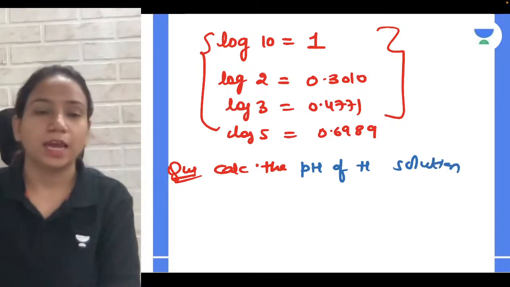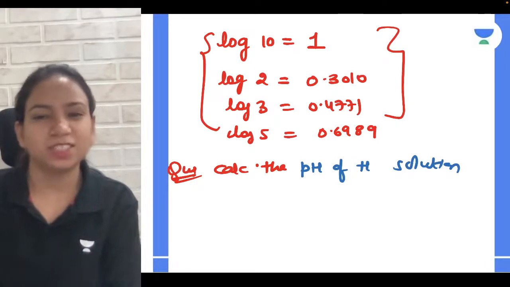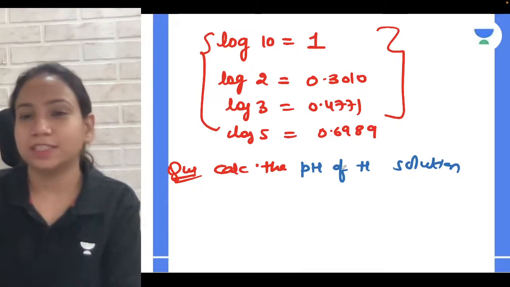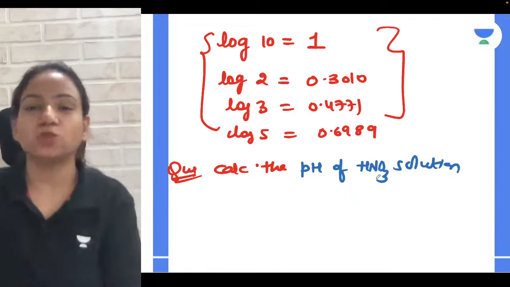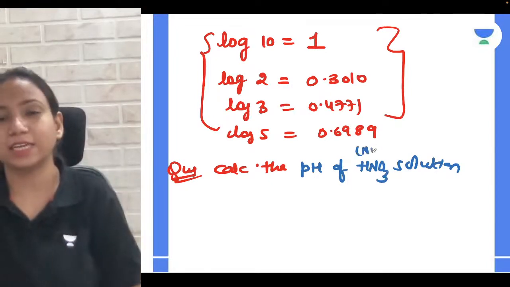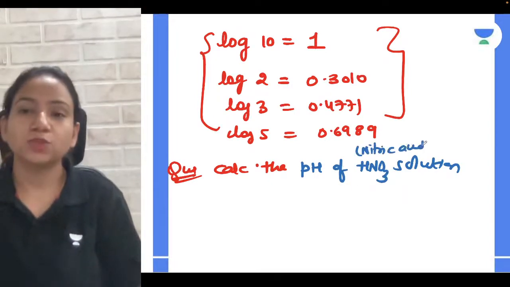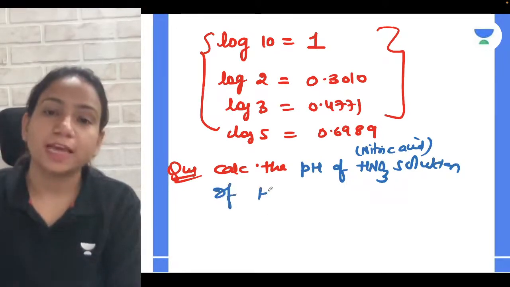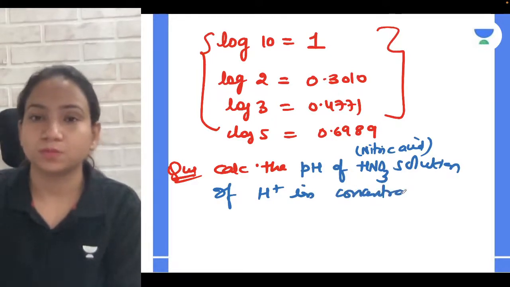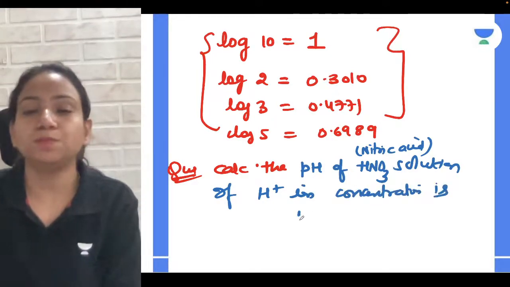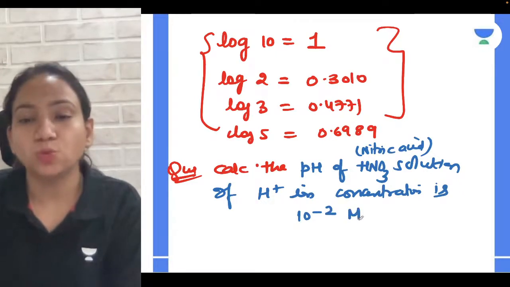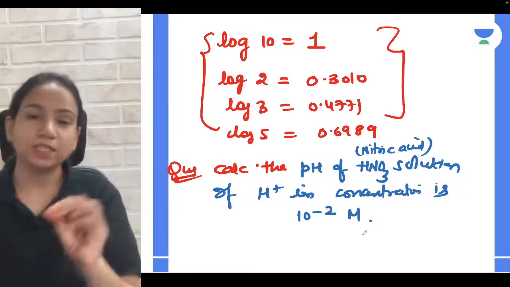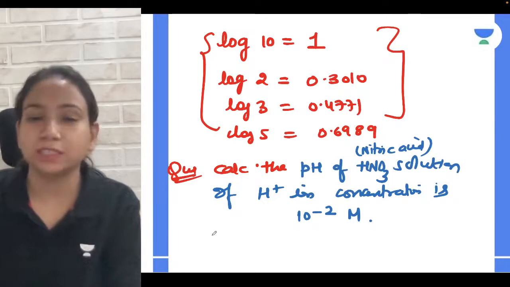Let's just take some other acid, so we'll get little different. HNO3 is also an acid, which is nitric acid. They are saying calculate the pH of nitric acid solution if H plus ion concentration is 10 to the power minus 2 molar. So they gave H plus ion concentration as 10 to the power minus 2 molar.